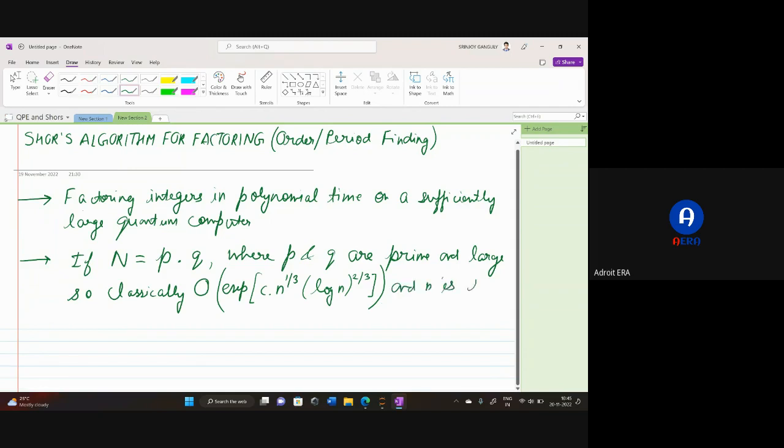Because remember, we are working with binary logic. In classical computing and even in whatever we are studying, it is all part of digital quantum computing.